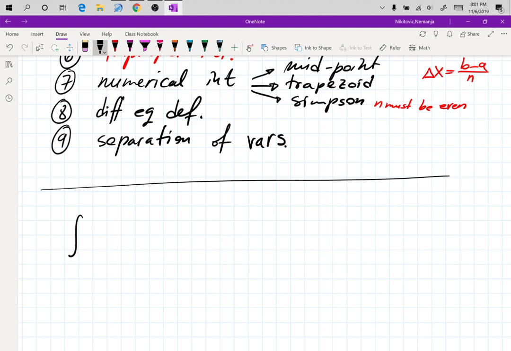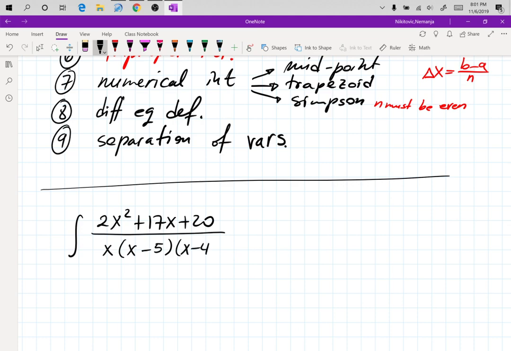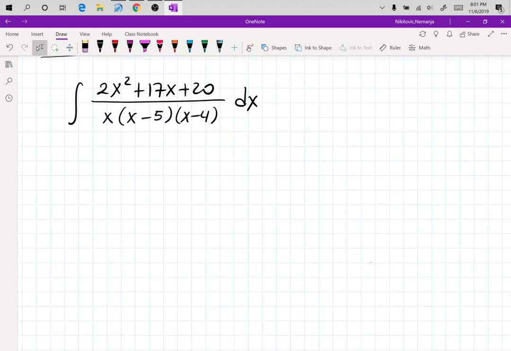Numerator is 2x squared plus 17x plus 20 over x, parenthesis x minus 5, close parenthesis, 5x minus 4. dx. Good. Okay, partial fraction decomposition.